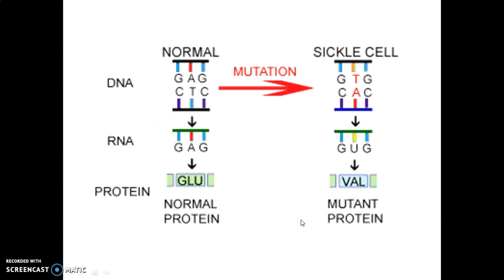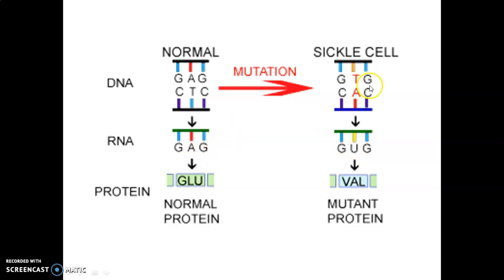I will show you a diagram. See here, glutamic acid and valine, two amino acids you can see. Glutamic acid is produced from the genetic codon GAG, whereas valine is produced from GUG. A single base pair change is there.